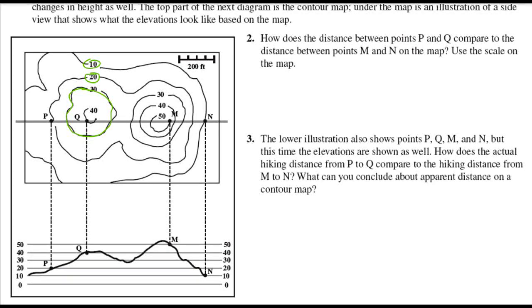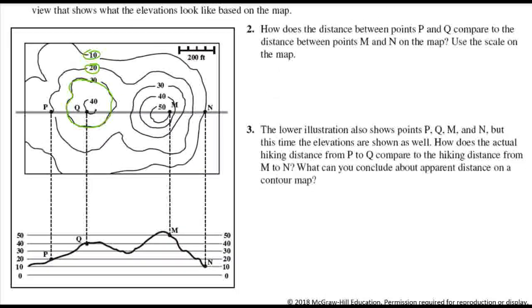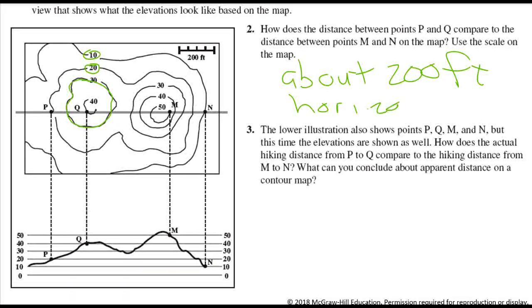So P to Q and M to N are both about 200 feet of horizontal distance. Okay. Restart the video now when you've answered question 3.